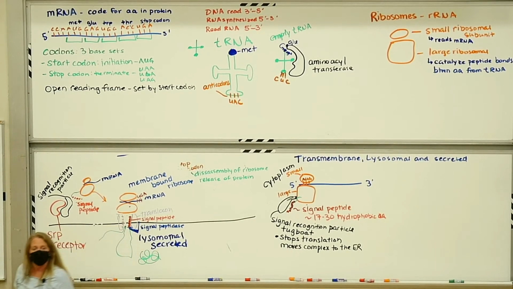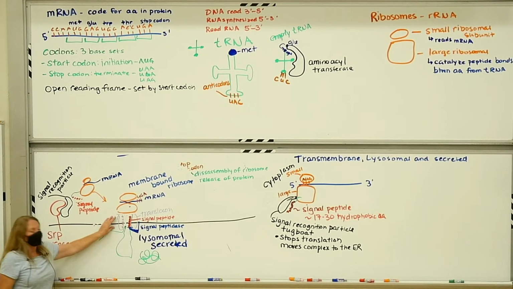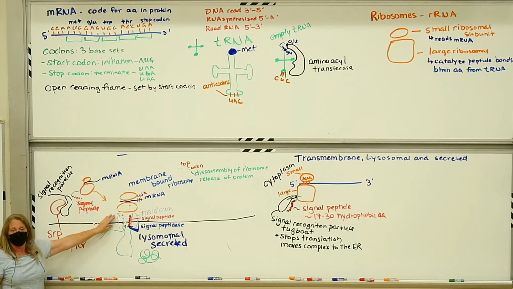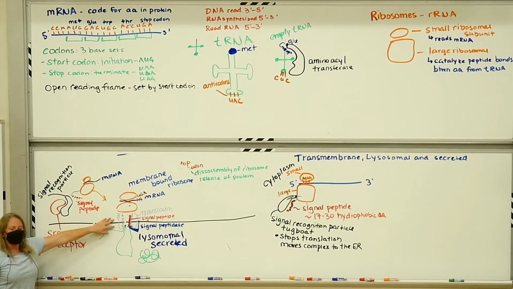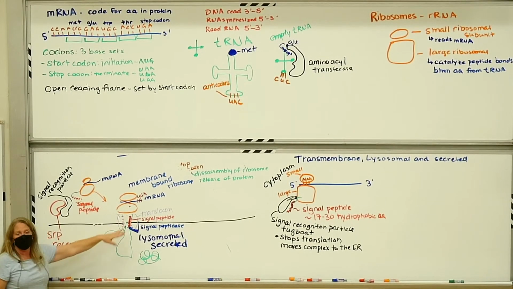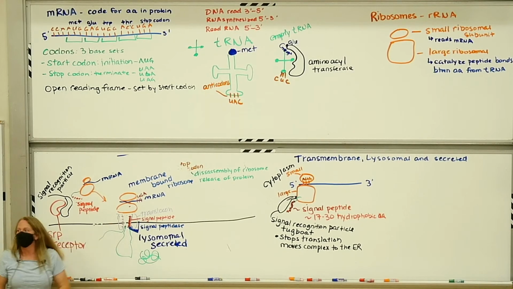Yes? So the translocon is a protein, right? The translocon is a protein. It's a transmembrane protein. Okay, so it's made the same way? Yes. So this translocon, because it was a transmembrane protein, had to have been made through this process of being brought to the ER. It just stayed there. Yep.